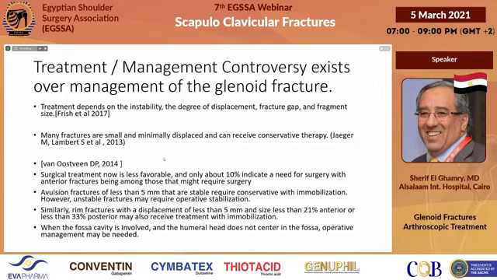Also, Van Oostveen in 2014 stated that surgical treatment is less favorable and only about 10% indicate the need for surgery. Avulsion fractures of less than 5 millimeters that are stable require conservative treatment with immobilization.